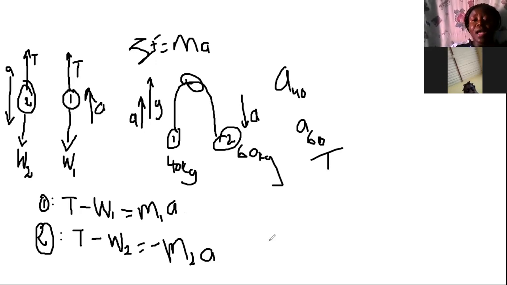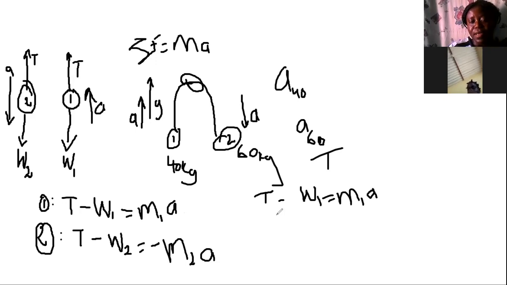If we add the two equations, we have tension minus weight 1 equals m1 times the acceleration, and tension minus weight 2 equals minus m2 times the acceleration.